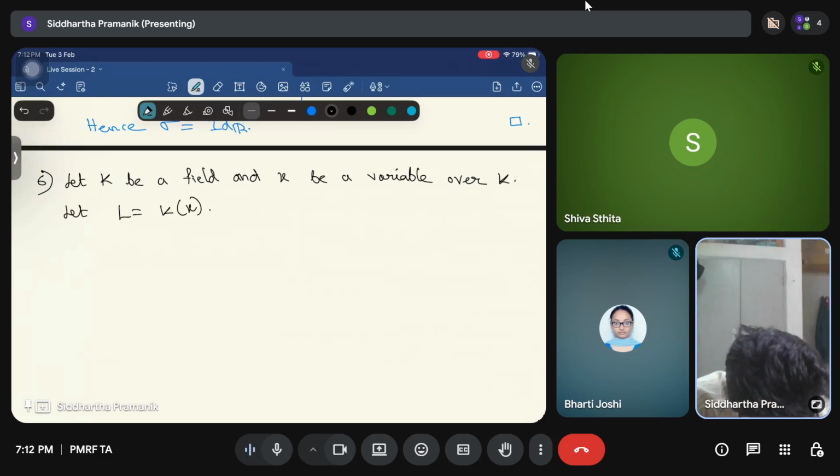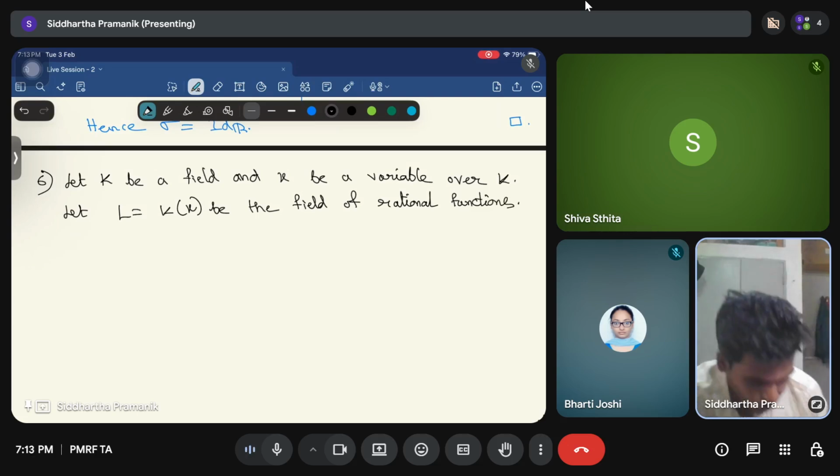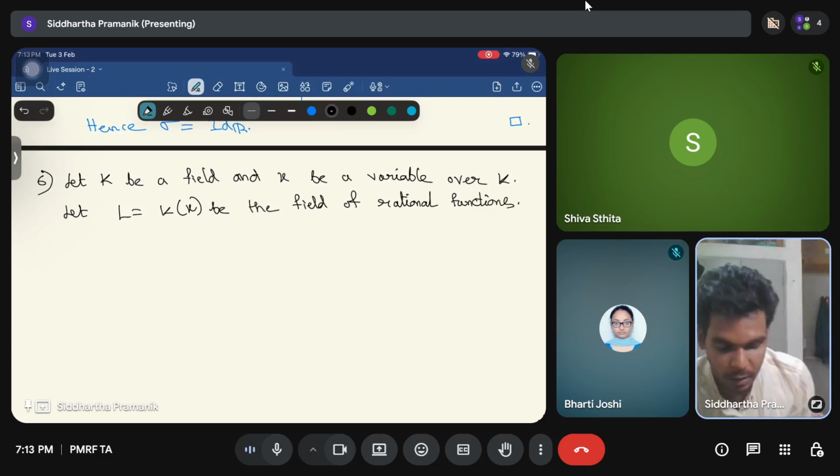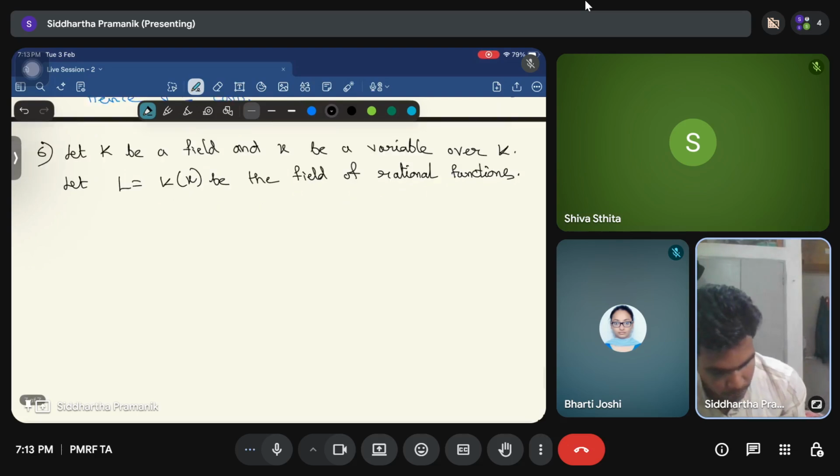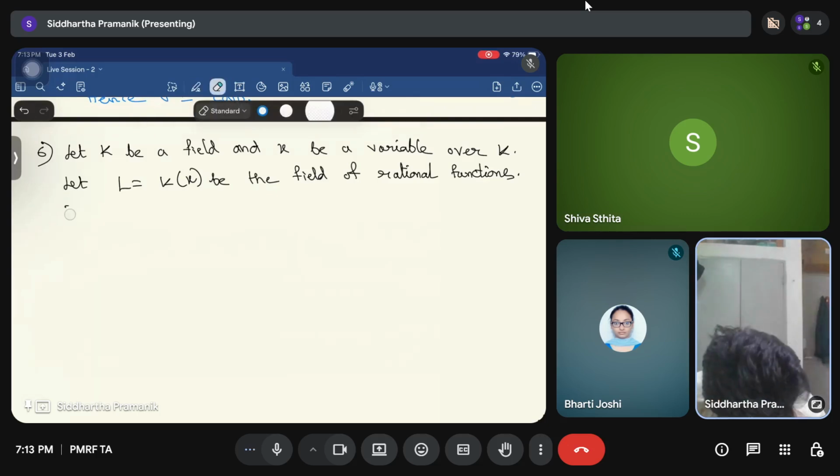So let L be the field of rational functions. Okay, I hope you have seen this definition in the lectures. So then, let's prove this.